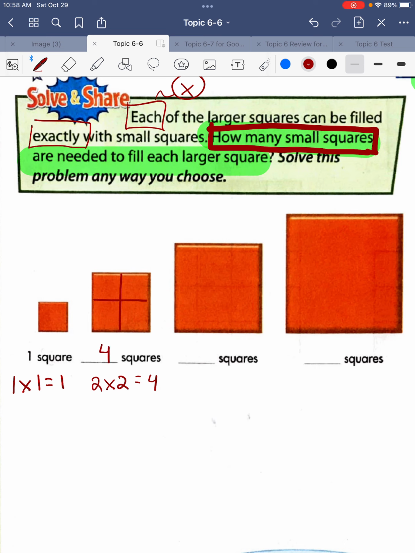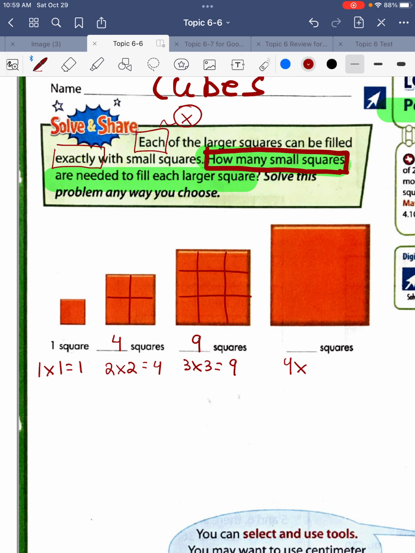The next one I'll do 3 times 3, which equals 9, so there are 9 squares in this one. Last I will have 4 times 4, which we should know is 16, so I'm going to make 16 squares.